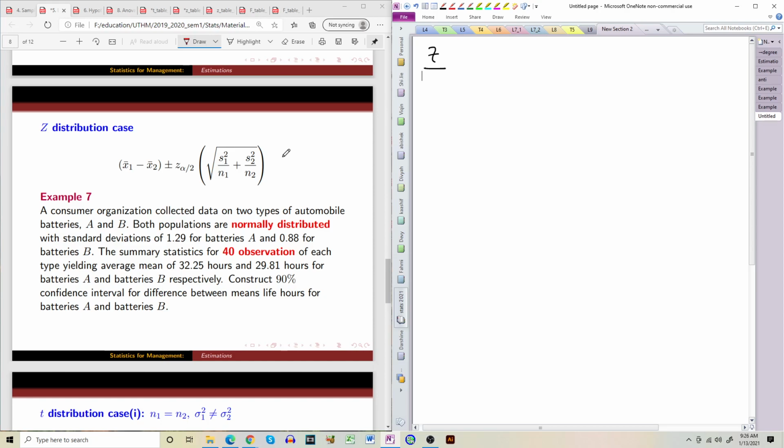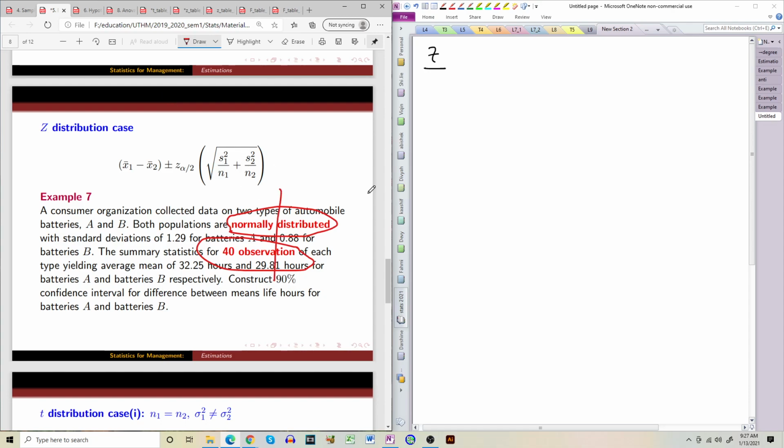Now, for you to use this formula, which is the Z case for 2 population means, the only condition you need is that it must be normally distributed. Search for this phrase in the question. If it is mentioned, and the sample size is more than 30, then you can use this formula.